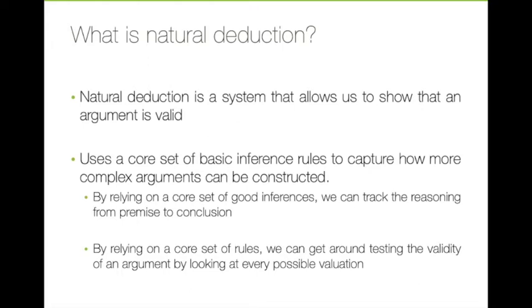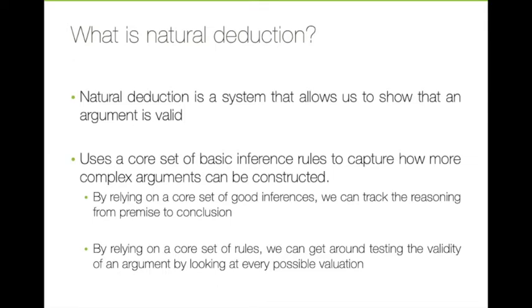Natural deduction will be a system that allows us to show that an argument is valid, among other properties. The way it works is that it uses a core set of basic inference rules, rules that characterize good reasoning, and those rules capture how more complex arguments can be constructed from basic reasoning steps.